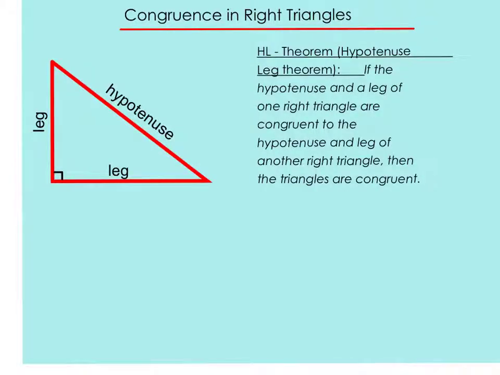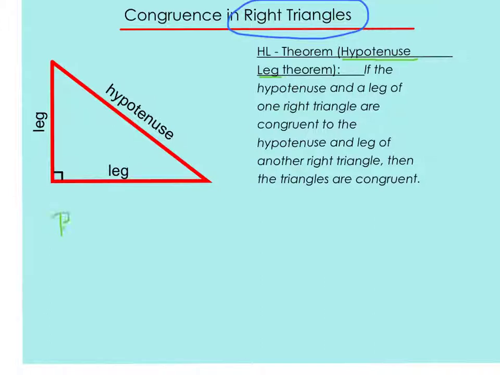We have one last special case postulate. This postulate only works for right triangles. It's known as the HL theorem, and the H and the L stand for hypotenuse leg. The theorem says if the hypotenuse and a leg of one right triangle are congruent to the hypotenuse and the leg of another right triangle, then the triangles are congruent. So we need 3 things.